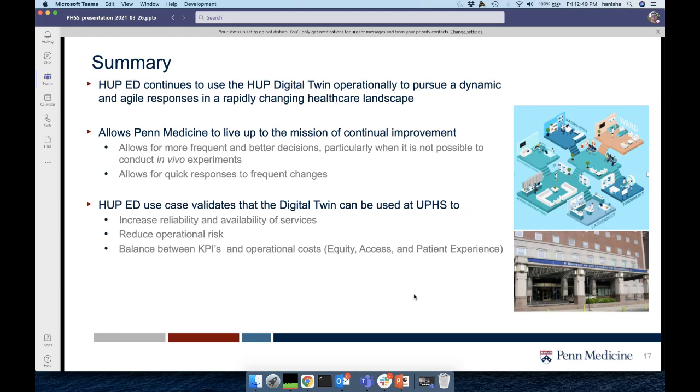The simulation learns from data, but those data are changing in response to sometimes imperceptible and intangible and unknown operational factors. So the way that the simulation is today is not going to be predictive, for instance, when we move across the street into the new building, because it'll be a completely different care environment.